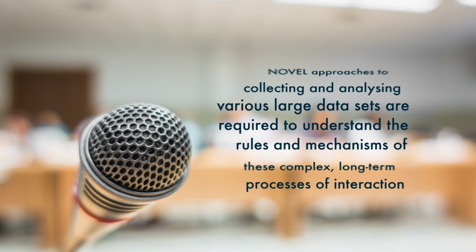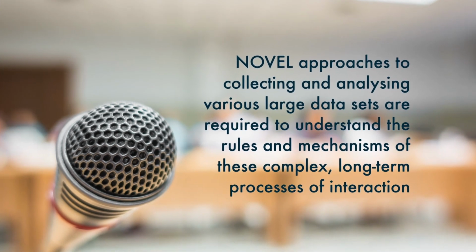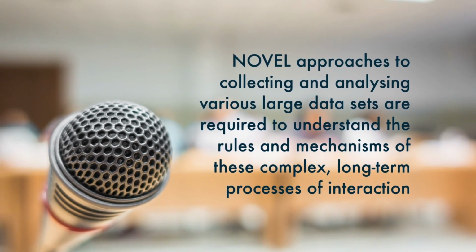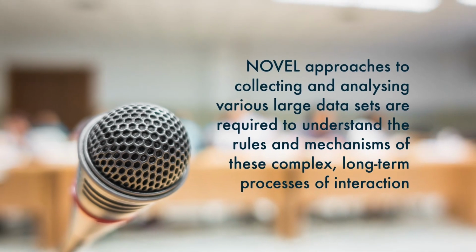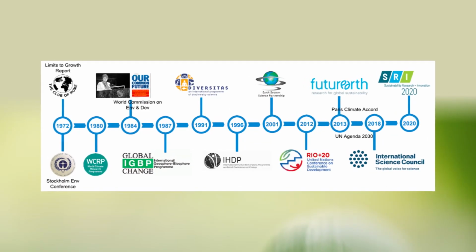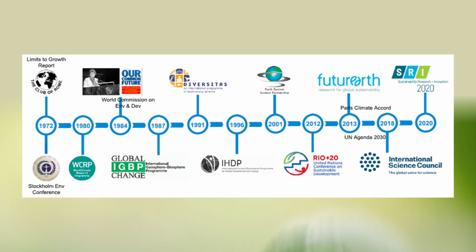So novel approaches for collection and analysis of various large data sets are required to understand rules and the mechanism of these complex long-term processes of interaction. This is how sustainability science emerged in the 1990s, and it is a phase of science. We can take it as another phase of science due to advancement of human technology or advancement of human knowledge.